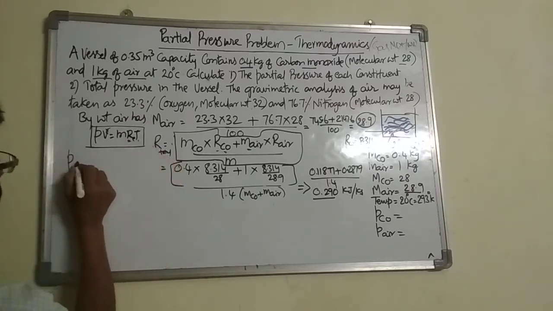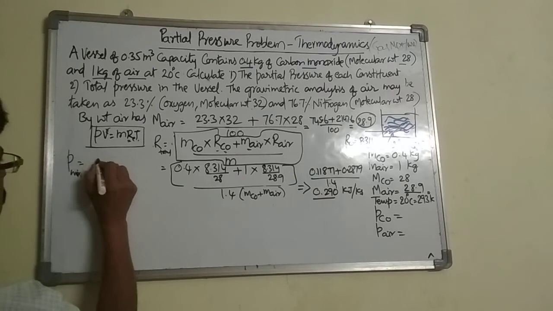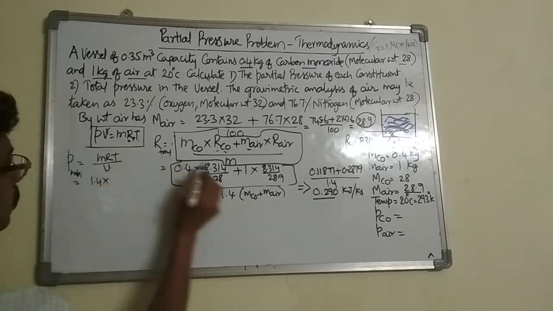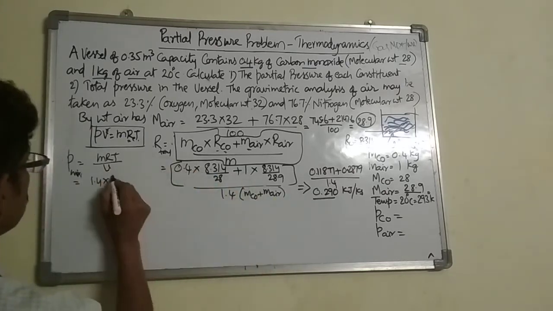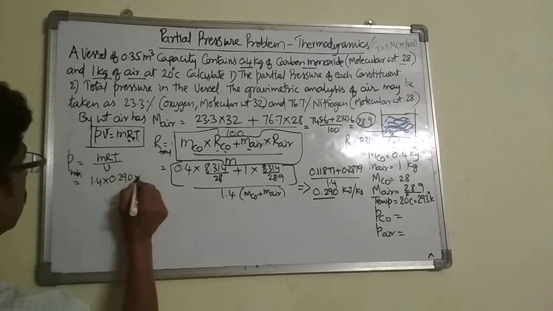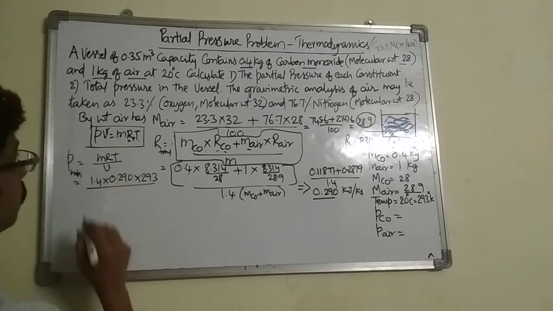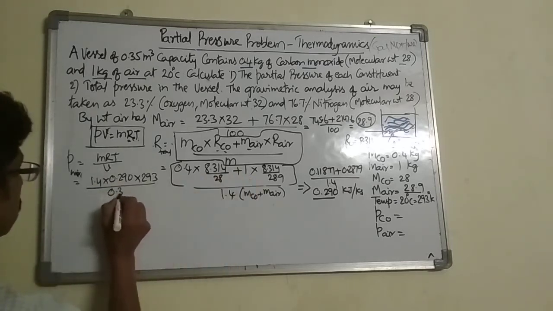The pressure of the total mixture, pressure of the mixture is equal to M R T by V. So what is M here? 1.4. And R is equal to, we got the R as 0.290, and T is the temperature, that is 293, divided by volume. What is the volume here? 0.35.